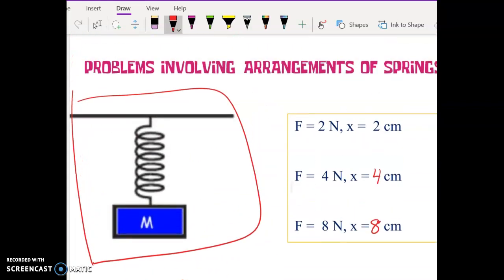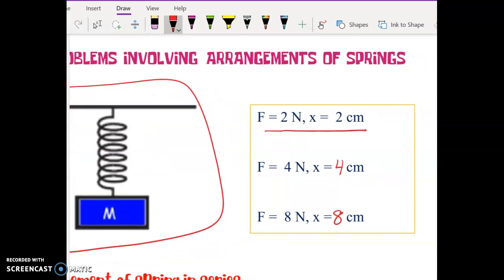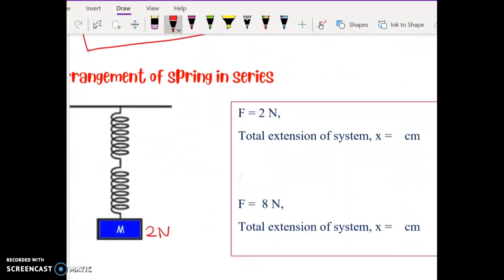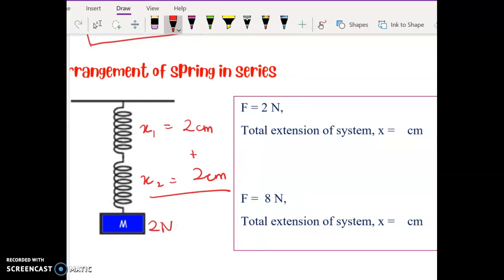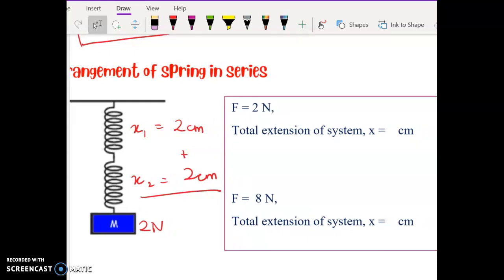You know that with one spring, the extension is 2 centimeter. So when I arrange them in series, each spring will extend by 2 centimeter. X1 will extend by 2 centimeter, X2 will also extend by 2 centimeter. So the total extension of the system is 4 centimeter.